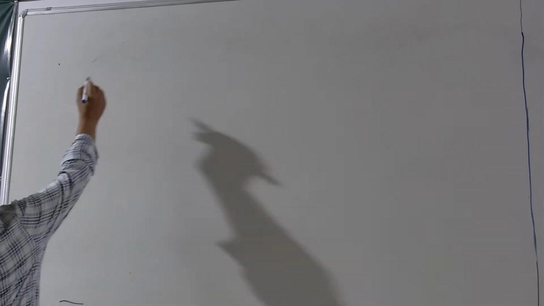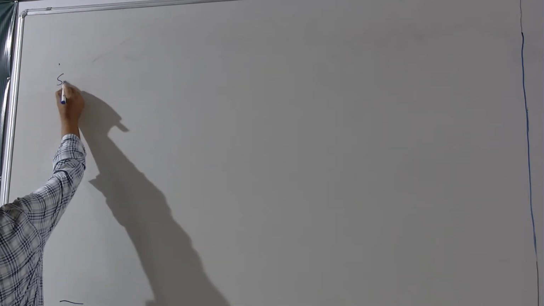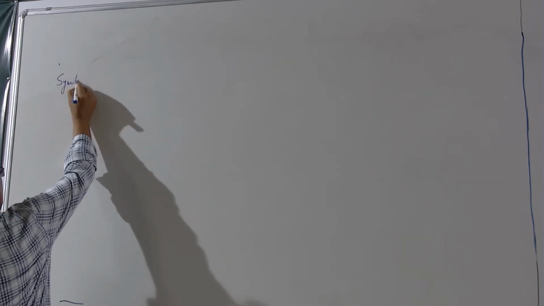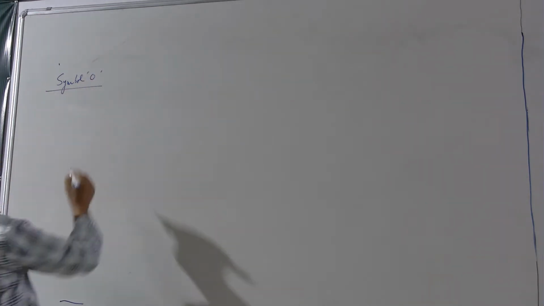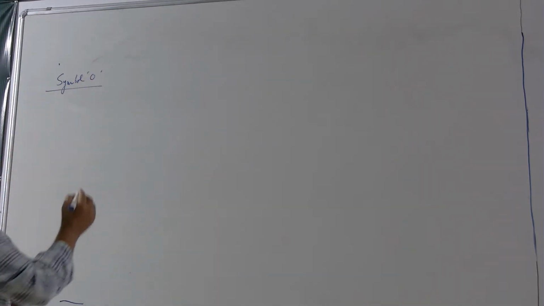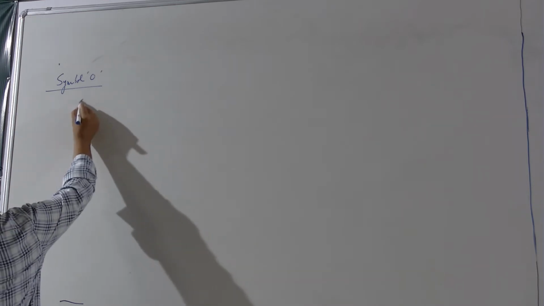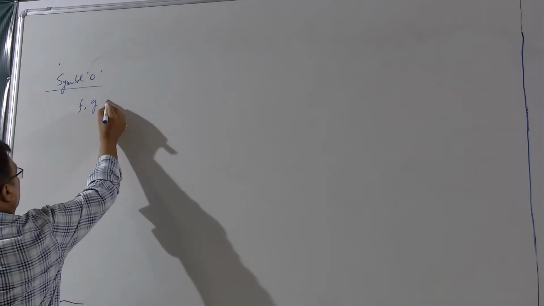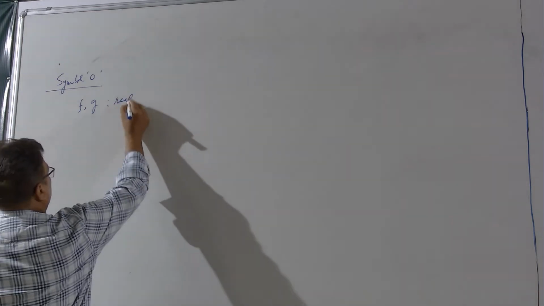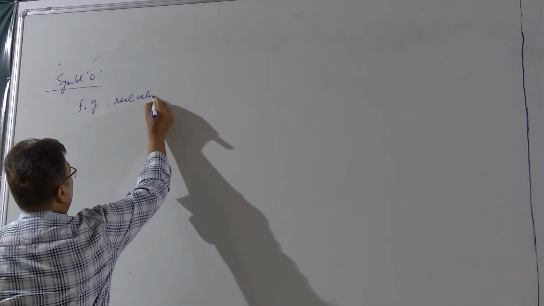So, yesterday I was explaining to you the symbol O. In order to understand this symbol, let us consider two functions f and g, which are real valued functions, or complex valued also, no problem.